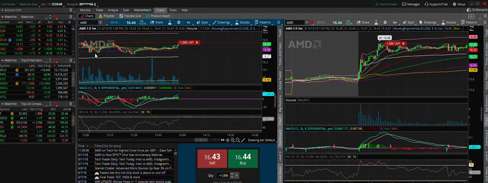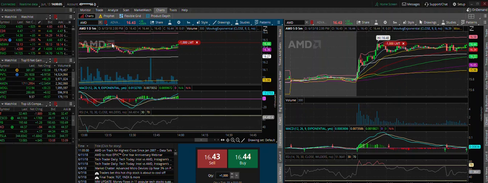could. And so, when I bought in right here, I was expecting it to, again, bounce off this EMA line. And it did, and it went up, and I had an order in for 16.46, which would have yielded me a $100 profit.